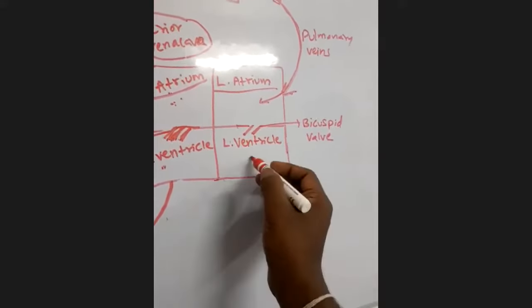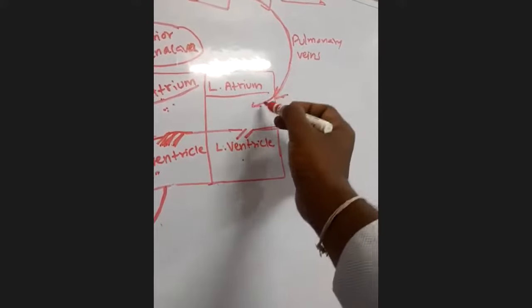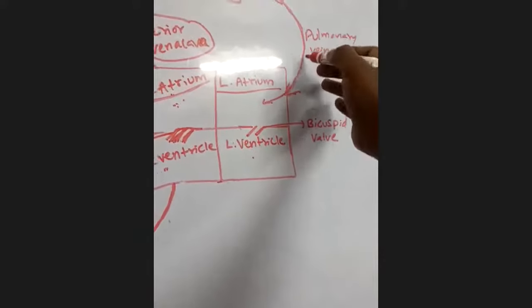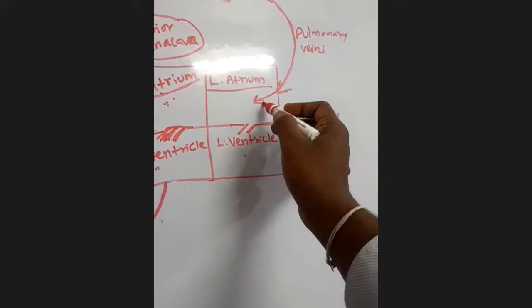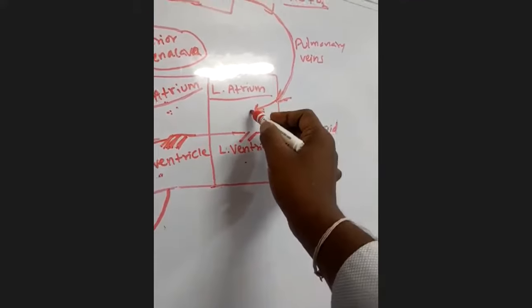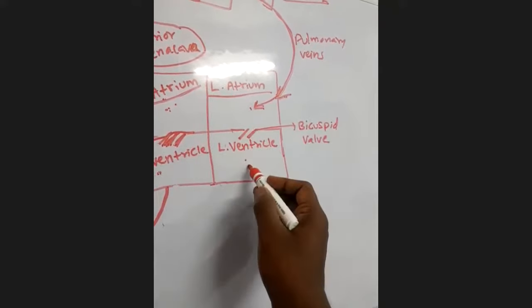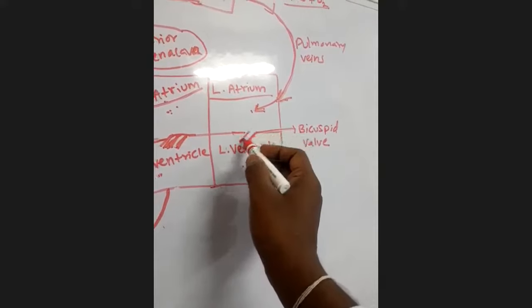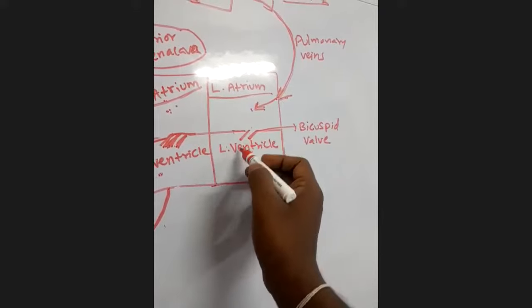So the pure blood or oxygenated blood comes from the lungs through the pulmonary veins and enters into the left atrium. And once this left atrium is filled, what happens? This blood will be emptied into the left ventricle through this opening, right?